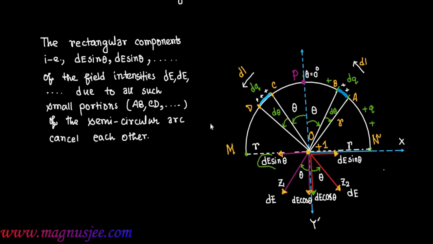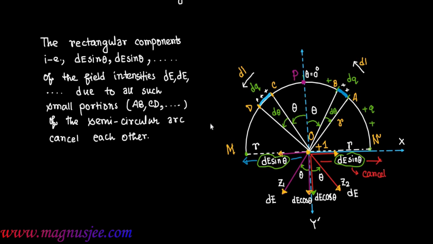The rectangular component acting along the diameter MN, that is dE sinθ due to the small portion AB, acts towards left, and another rectangular component dE sinθ due to the small portion CD acts along the same diameter MN towards right. They act in opposite directions and cancel out each other's effect.